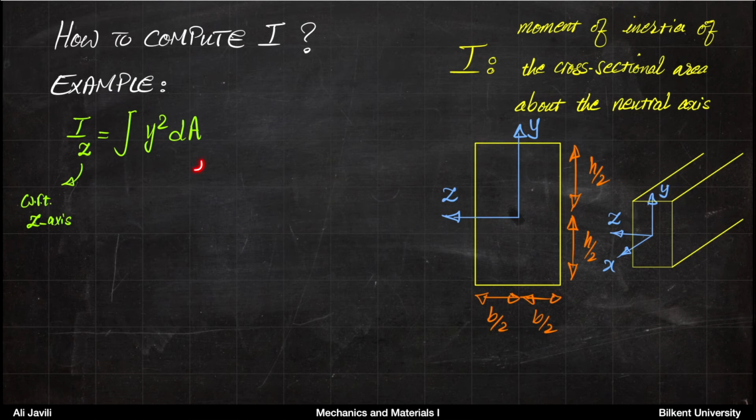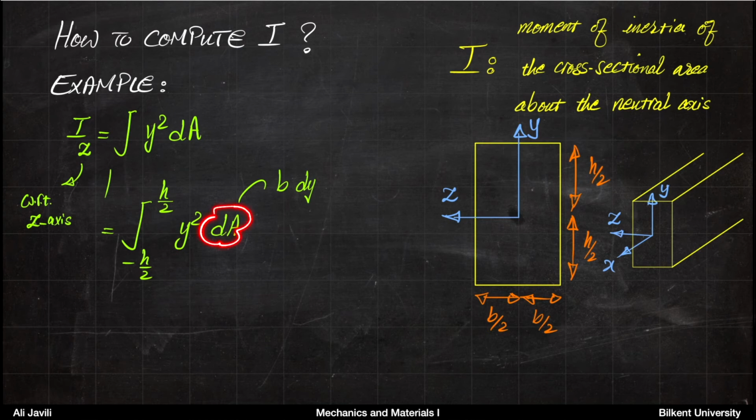That would be, again, the integral of y squared dA. Now, instead of dA, you can write it as b dy, basically indicating that you are thinking of incremental areas like this.